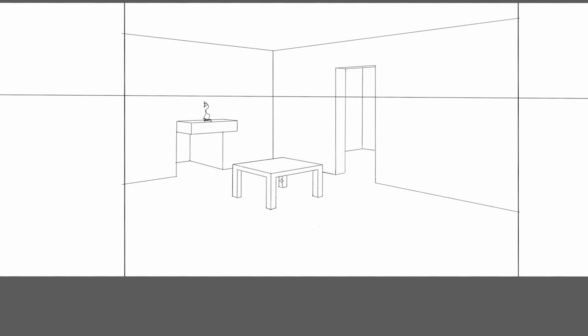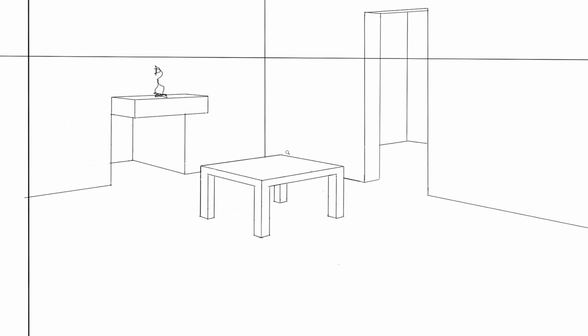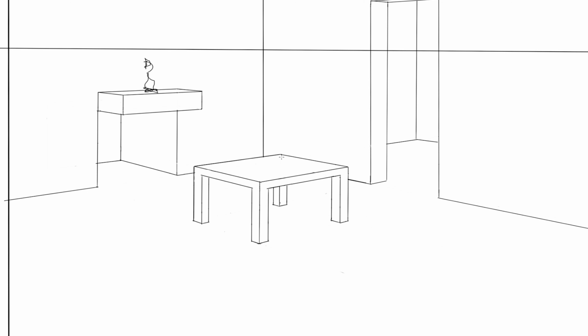So let's go back to the table here. Let me zoom in here a little bit. To find the center of a plane, all you do is go from corner to corner. Let me get my ruler out here, or my straight line.